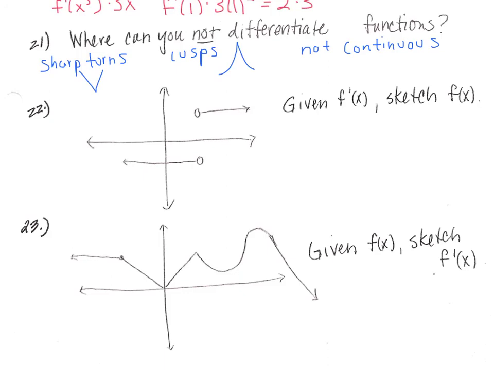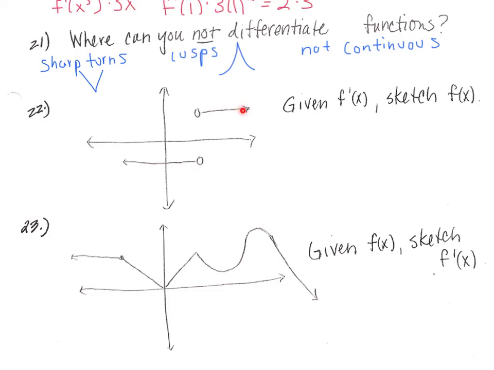So for 22, we're given the derivative and we want to sketch the original function. So if we notice some things, we notice that the derivative is undefined at this particular x value. So there needs to be either a cusp or a sharp turn at that point, or not continuous. We also see that this means that we have a slope of, I don't know, we can guess it's about -1 for all these x values right here because it's constant.